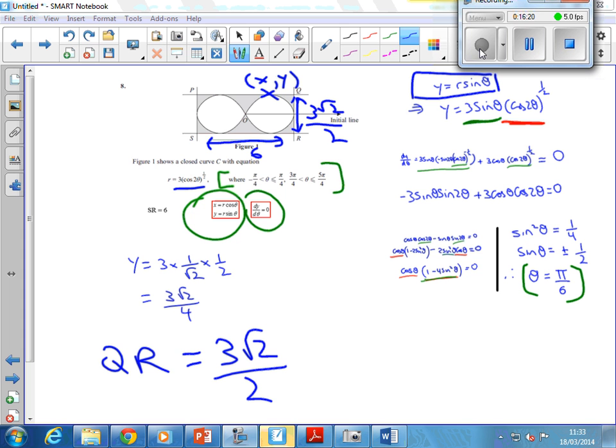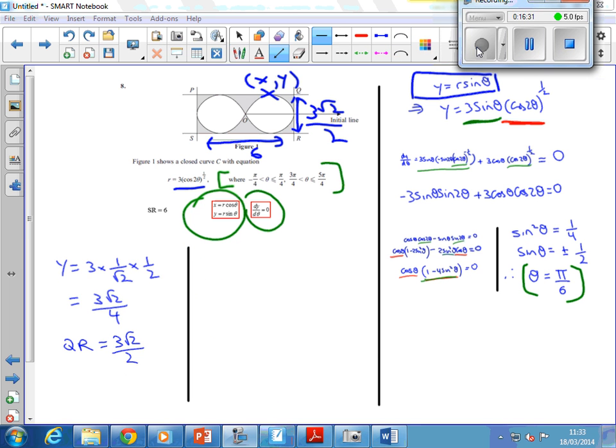So the area of the rectangle PQRS is 6 times 3 root 2 over 2, which is 9 root 2.